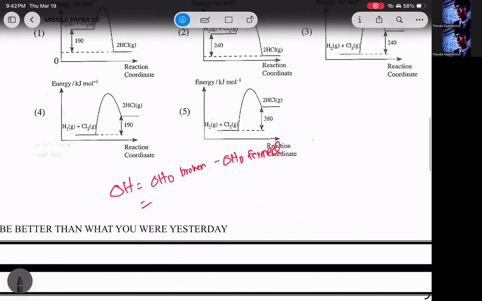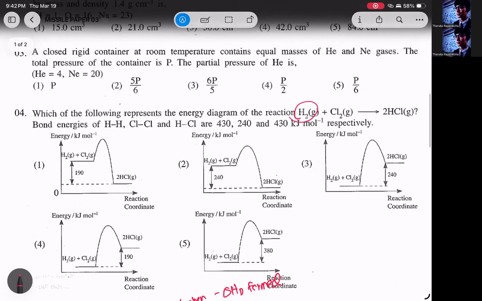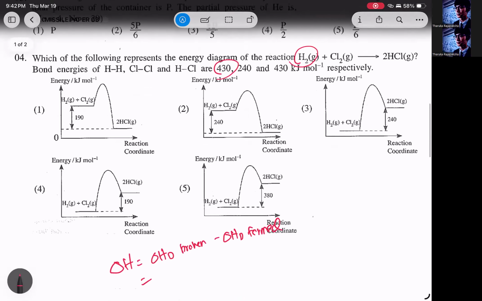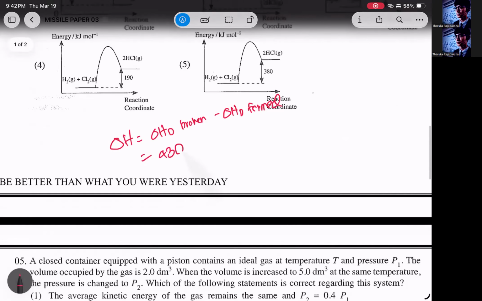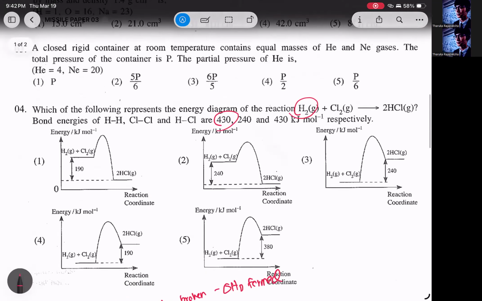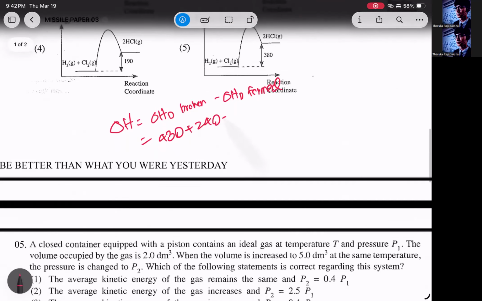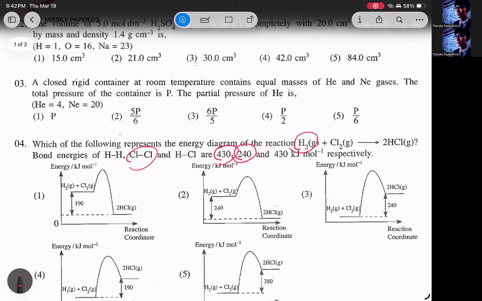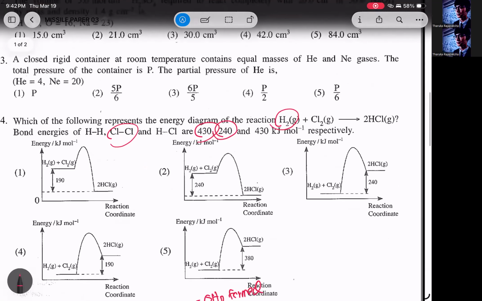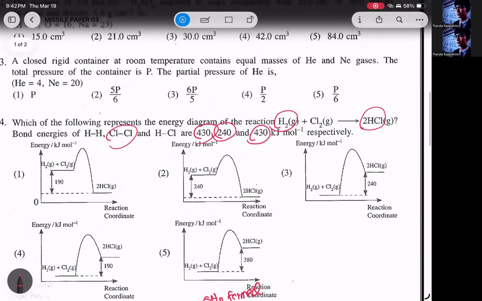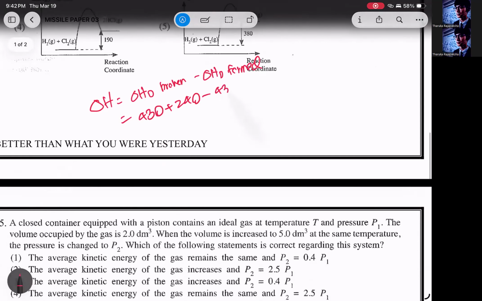So broken bonds, hydrogen gas is there, so 430, plus 240 for chlorine, minus delta H of formed bonds. Formed bonds are HCl bonds, so 430 into 2. 2 HCl bonds are there because 2 molecules of HCl are formed.